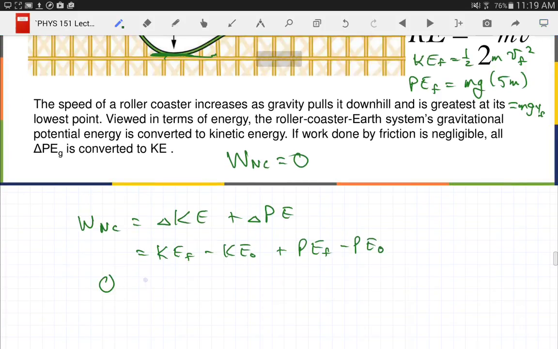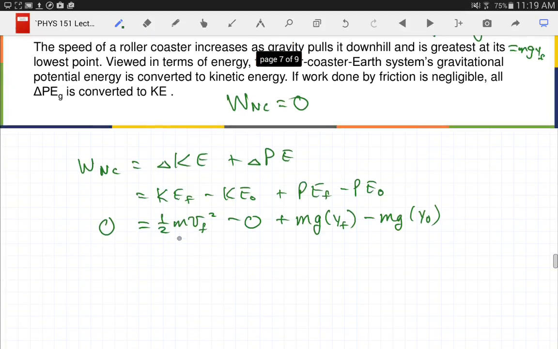Putting in my values, 0 equals 1/2 m v final squared minus 0 plus mg y final minus mg y initial. Once again, I went to using the y's instead of putting numbers in. I'm looking for v final, so just solve that for v final. Notice the m's are all going to cancel, right? Mass doesn't matter.